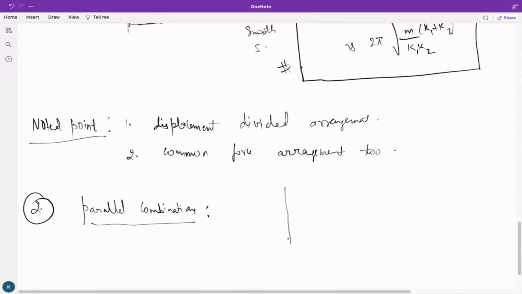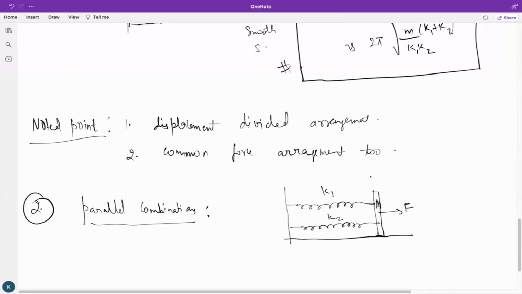Let me derive it for 2 springs, and then we will reduce it to m or n parallel springs. This spring has K1 stiffness constant, this spring has K2 stiffness constant, and there is a force F acting on the system. It has mass small m.